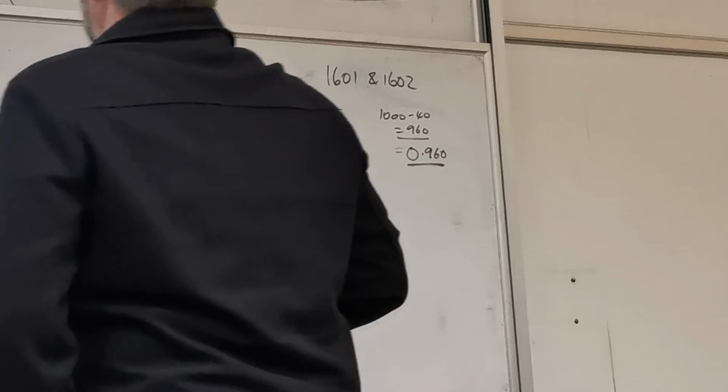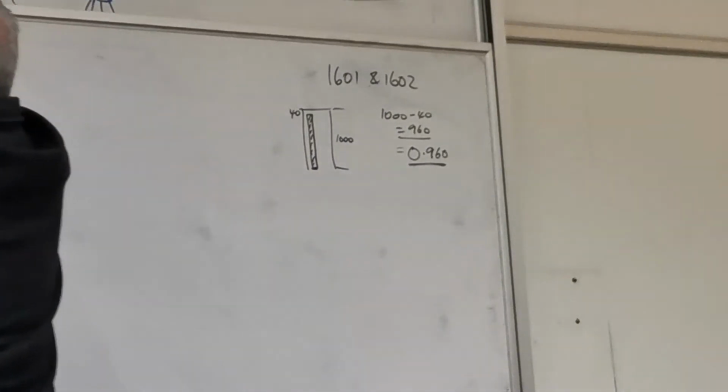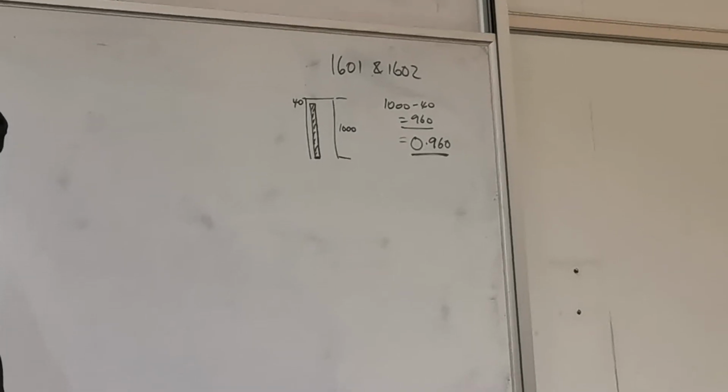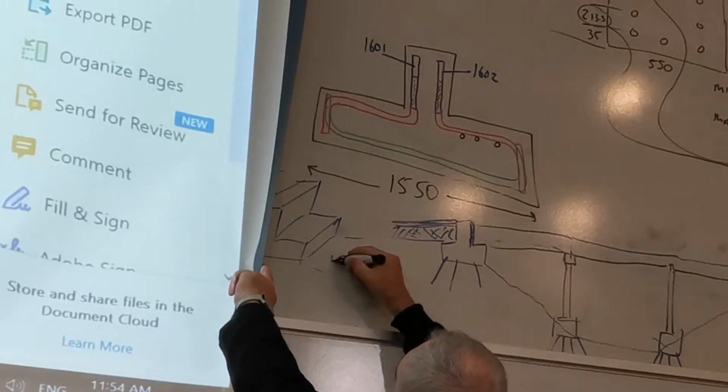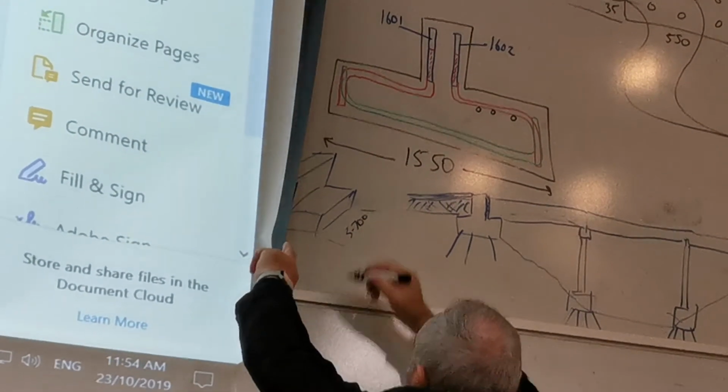How many bars are there? So the bars run that way. So looking at this here, the width of that equals 3,700.